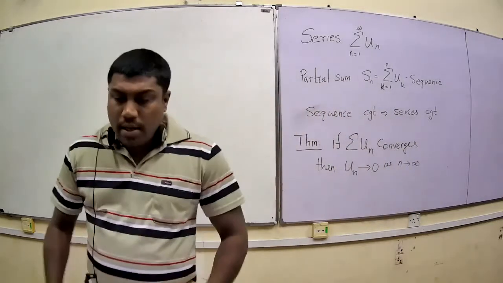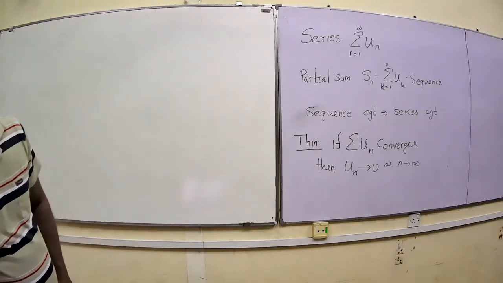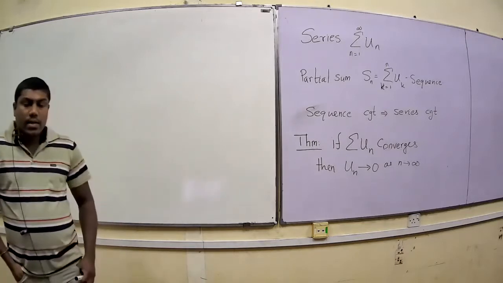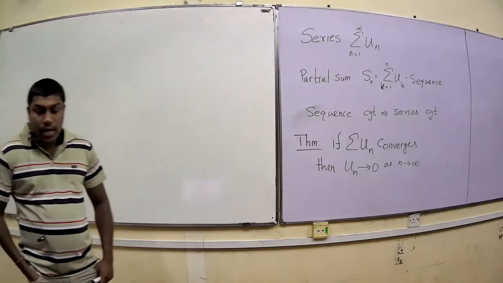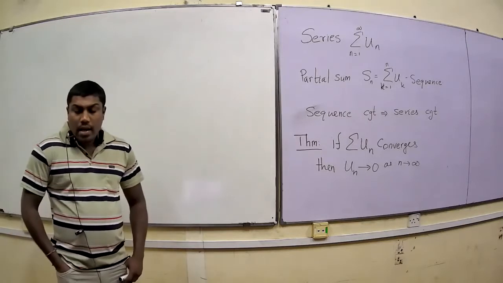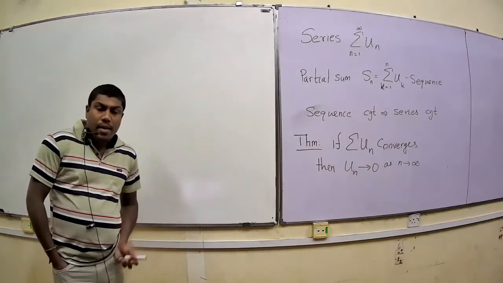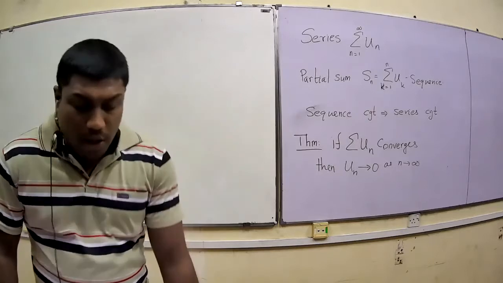Okay, so the first of those results is about the infinite term of the series, the last term of the series. If the series converges, then we can prove that the last term of the series will converge to zero.